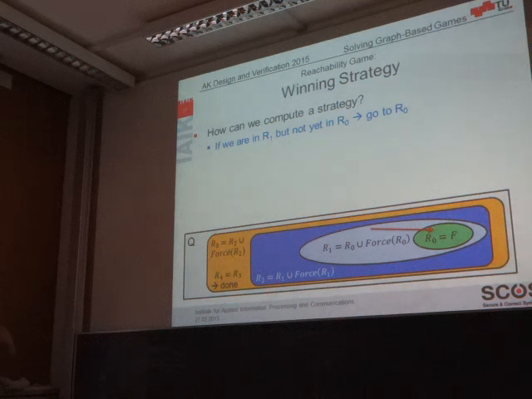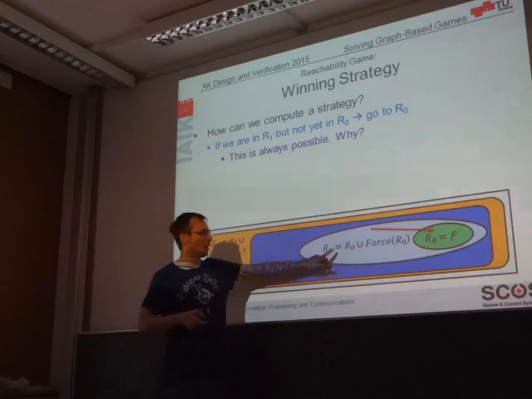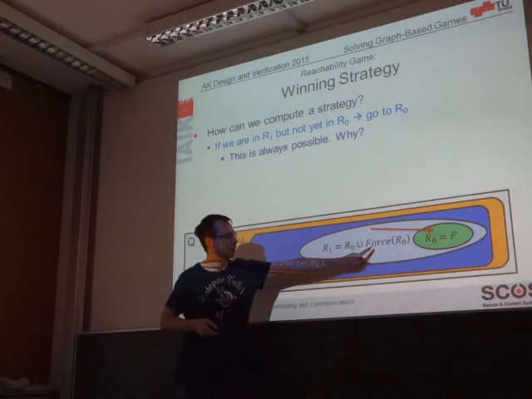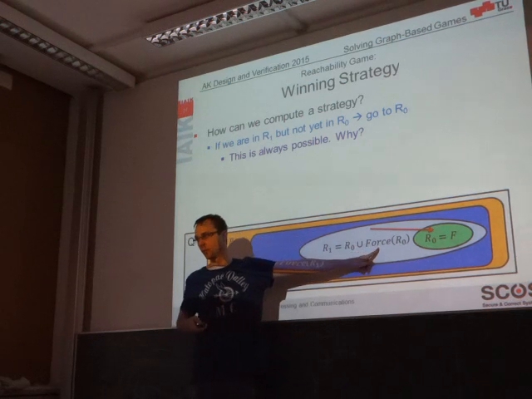So the general rule, as I just said, is whenever we are in R1 but not yet in R0, go to R0. And actually, why is this always possible? This is also not so easy, maybe? Because it's always a subset. Yes. So actually, the difference between R1 and R0 is exactly the set of states that satisfy this force formula here.